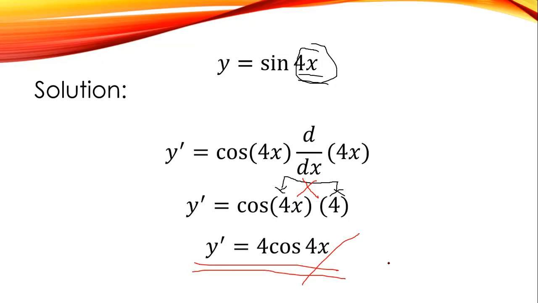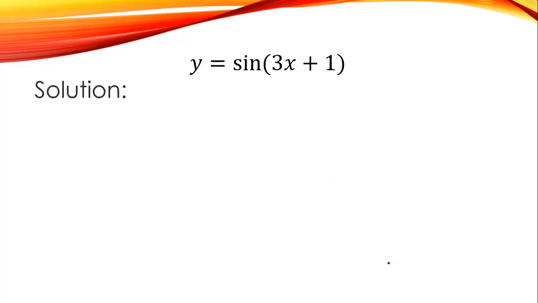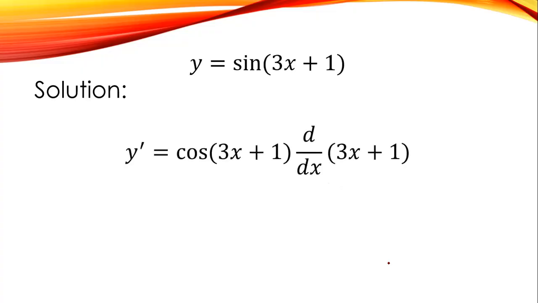Let's have another example for the other trigonometric functions. But this time, a more complicated one first so you won't be confused in the next problems. So y is equal to sine 3x plus 1. Of course, the derivative of sine is equal to cosine. So it becomes cosine 3x plus 1 multiplied by the derivative of 3x plus 1.